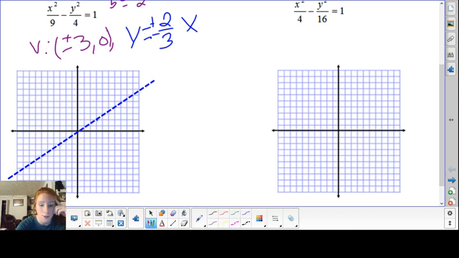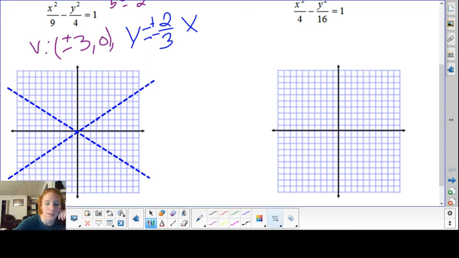And then I'm going to do the opposite. So I'm going to go down 2 to the right 3 and up 2 to the left 3. And I'm going to create another line based on those 2 points. Again, I'm not good at drawing the lines on my computer, so I do them the easy way.